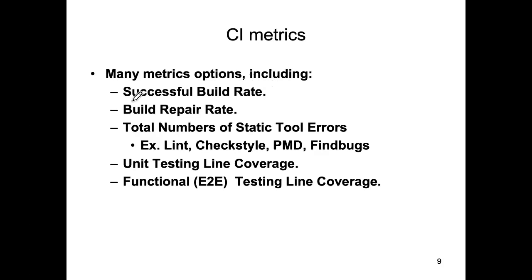Alternatively, there may be build failures, but how quickly can we actually fix a build failure? That might be another metric. Or this one here, the total number of static tool errors.